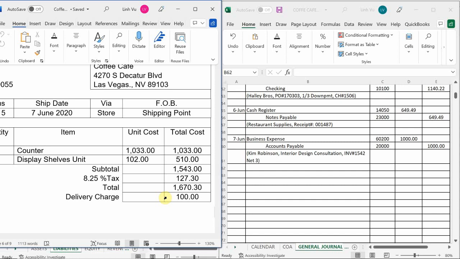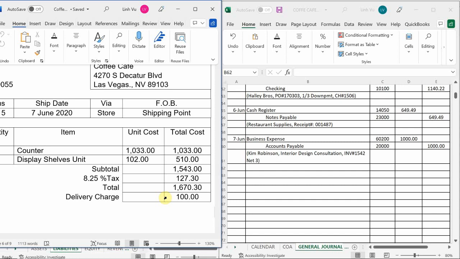We can already tell that the counter is going to be heavier than 5 display shelves. So I say at least more than 50% of the weight is going to be distributed to the counter, while the display shelf should not even be as heavy as the counter. That's why, since I'm the accountant, I'm telling you as the bookkeeper that I decided I want to split 75% of the freight to the counter and the other 25% to the display shelves.